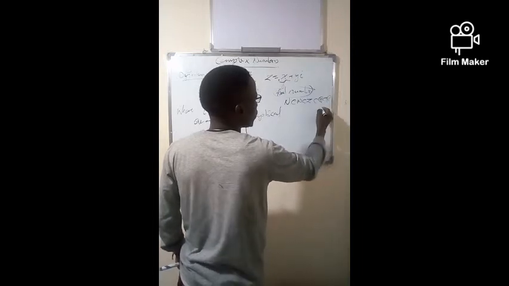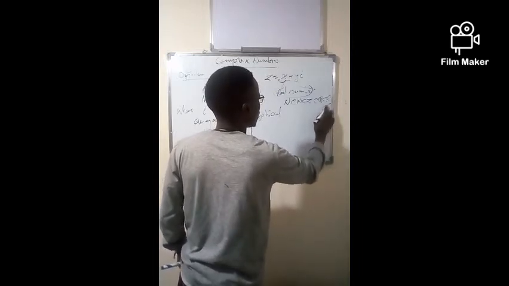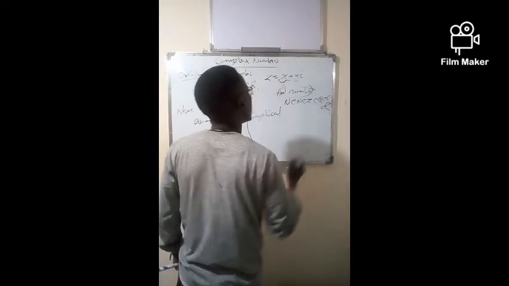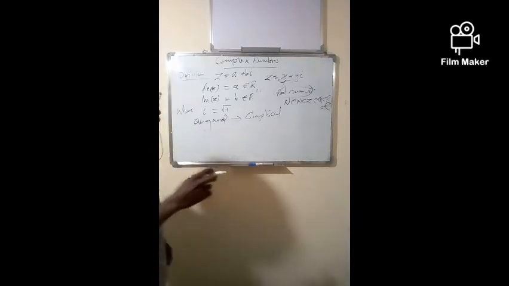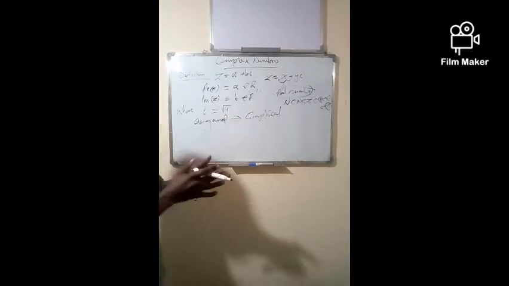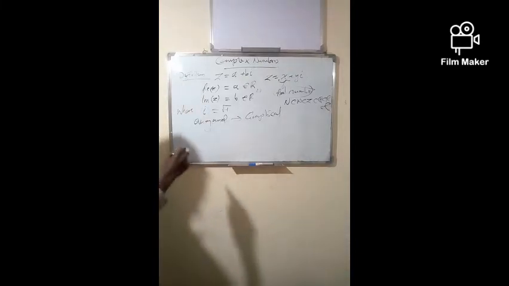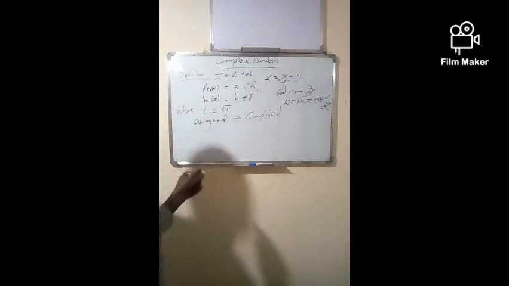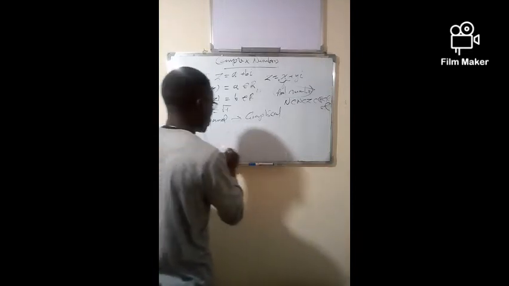Then from there we say that this is now a subset of complex numbers, represented by the letter C. So all these sets of numbers that we've been talking about go into the set of complex numbers.